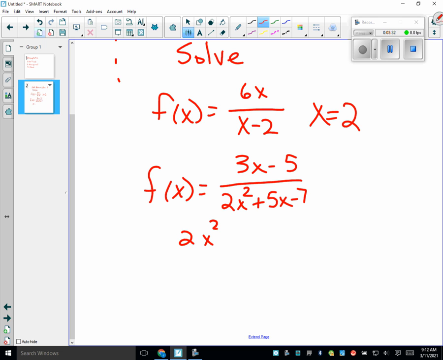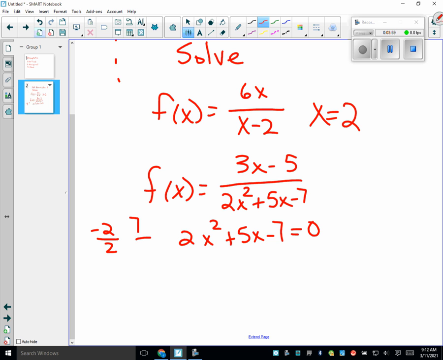Will this factor? What multiplies to negative 14 and adds to 5? Negative 2 and 7.